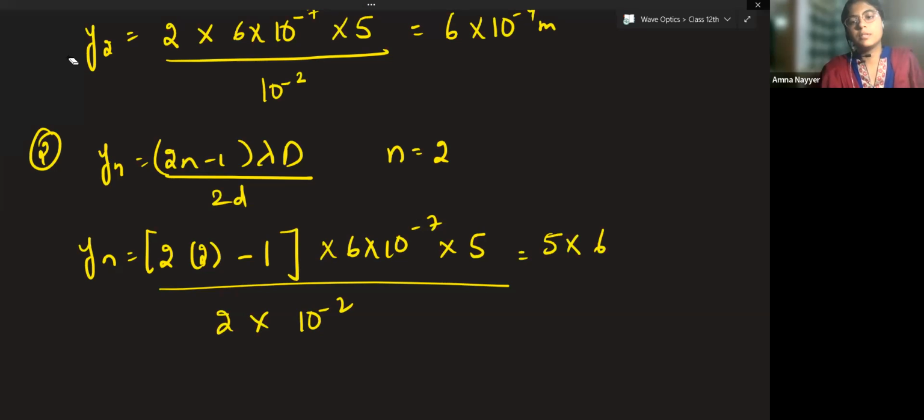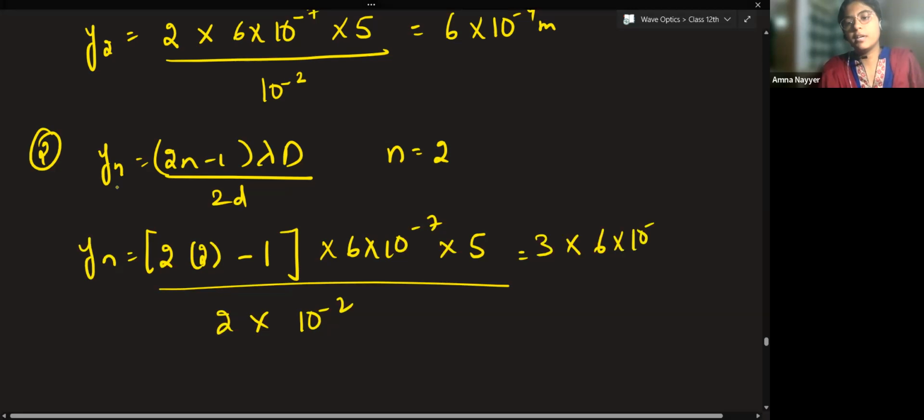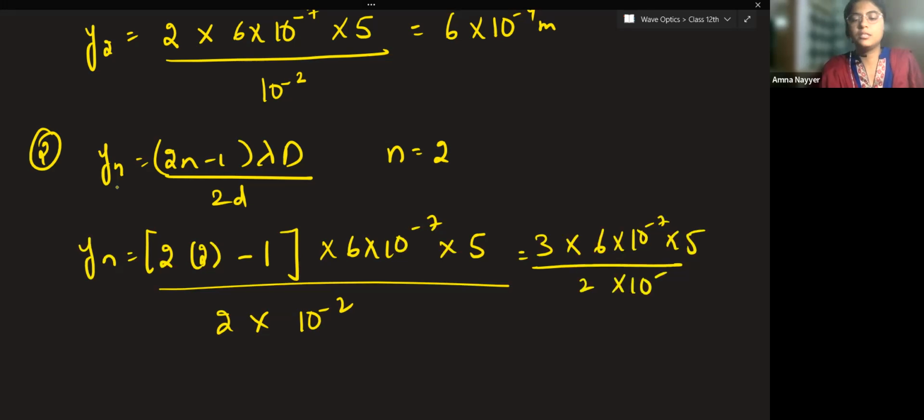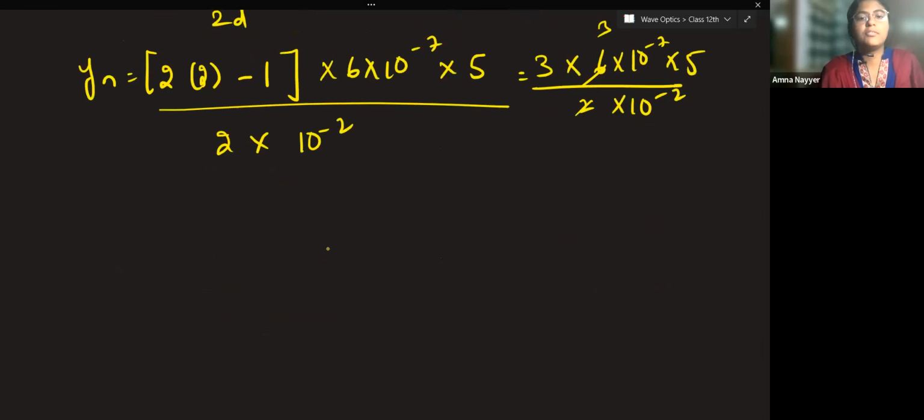So this becomes 3 into 6 into 10 to the power minus 7 into 5 by 2 into 10 to the power minus 2. So this will also become 3, 9, 5, 45. So Yn becomes 45 into 10 to the power minus 5 meters.